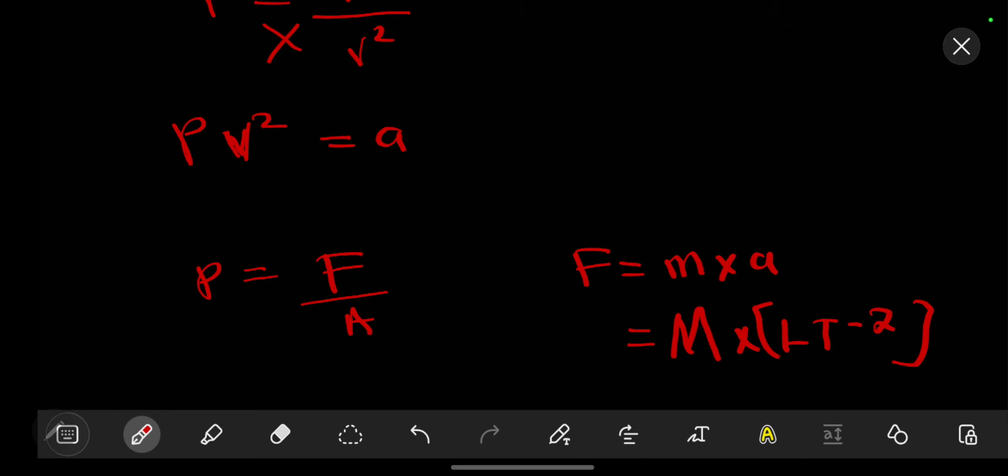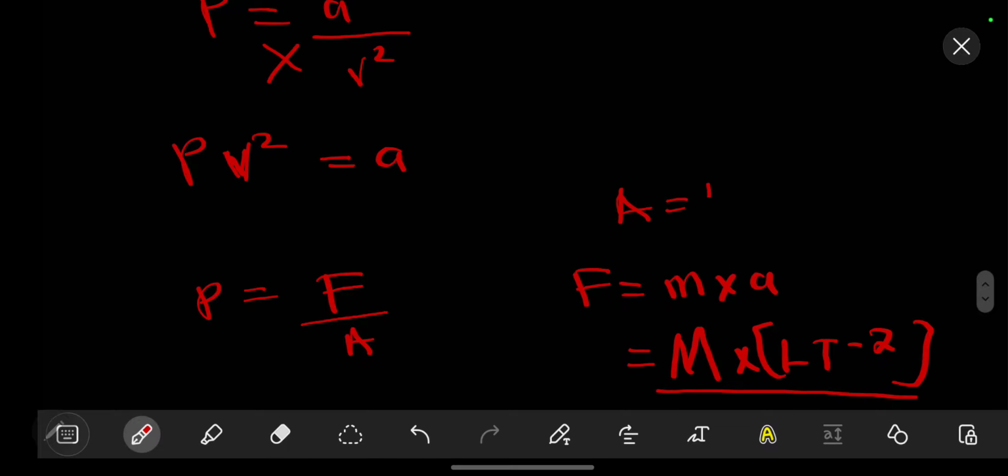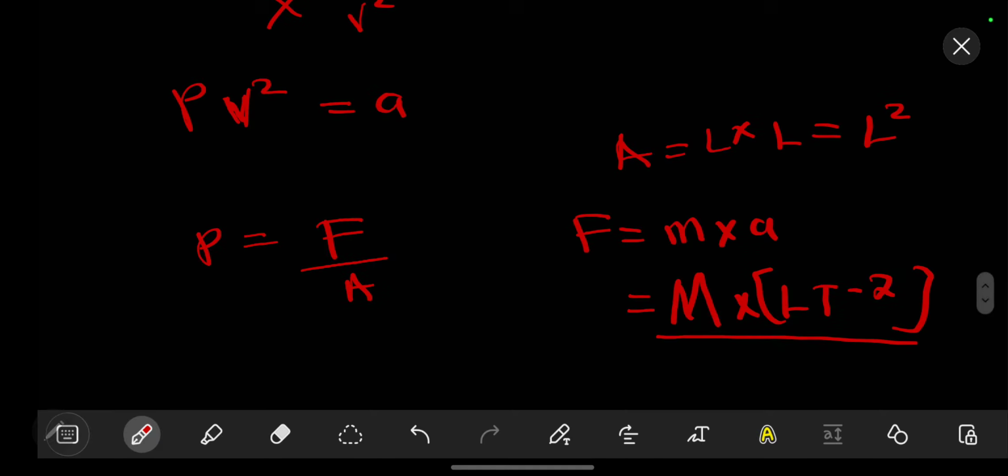So these are dimensions for acceleration over the area. The area is length times breadth, and all of them are just lengths, or length times length, which is your L squared. So this is already your force, which is M L T raised to the power negative 2 like that.